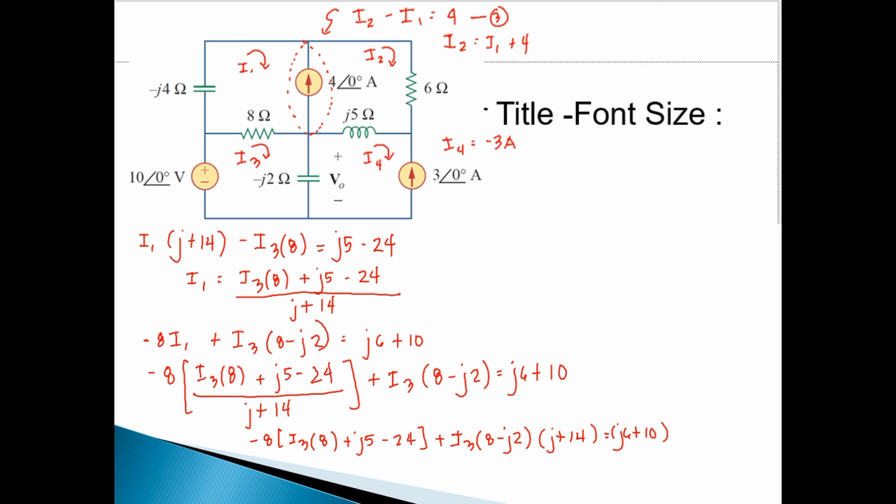So this will be negative 64I3 plus, minus j40. And then negative 8 times negative 24 is positive 192.